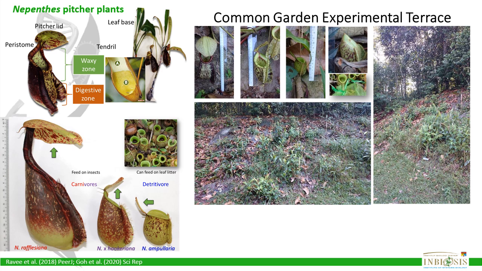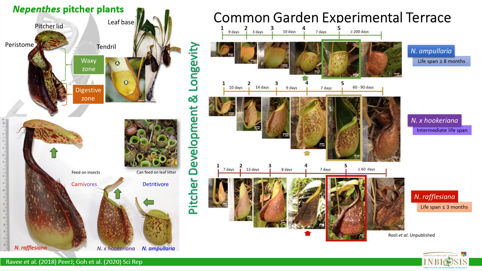And nicely, we have a common garden experimental terrace where you can study the plant in situ, on site. We have to monitor the plant for control experiments so that we can harvest at the right time. For the protein and the transcriptomic work, we harvest just within 24 hours of pitcher opening, and for the metabolomic profiling, we harvest 1 week after, for the fully mature pitcher.